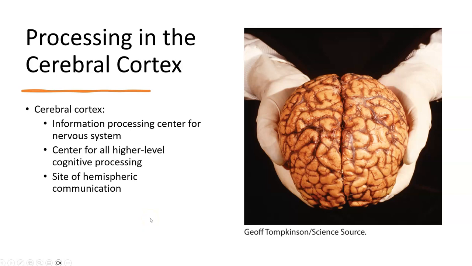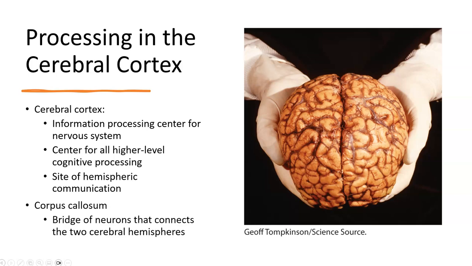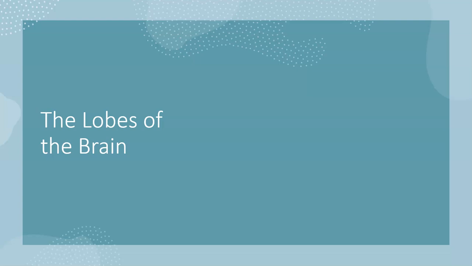Those two hemispheres of the brain, in some cases, they have duplicate function, but in others, they have function that's pretty segregated. So you have to have a way for the hemispheres to talk to one another and integrate their different perspectives. What does that integration is a structure called the corpus callosum, which is a dense network of fibers that link the two hemispheres together.